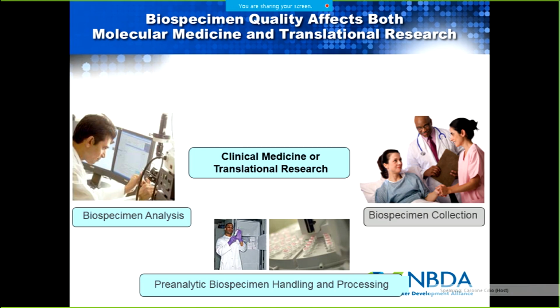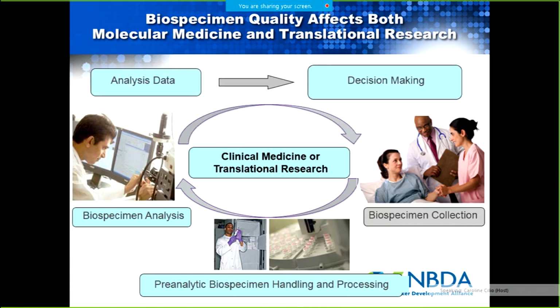This was from a slide set from the NCI, where we saw that research starts and ends with the patient: biospecimen collection, processing, and analysis. This is what we've been focusing on so far today, the data from the analysis that would go back to the patient. But the analysis data going to decision-making in clinical medicine also comes from this process, and often it is the very same specimen, as was brought up earlier, that is used for both clinical decision-making and shared for translational research.